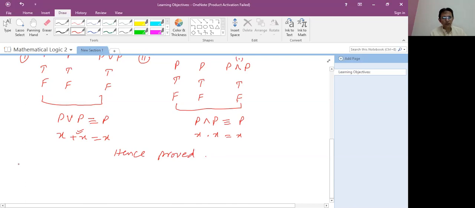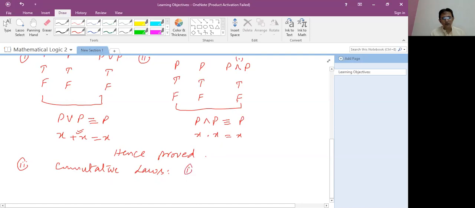Similarly, if we consider, for example, the commutative law in algebra. There are two commutative laws, with respect to addition and with respect to multiplication.